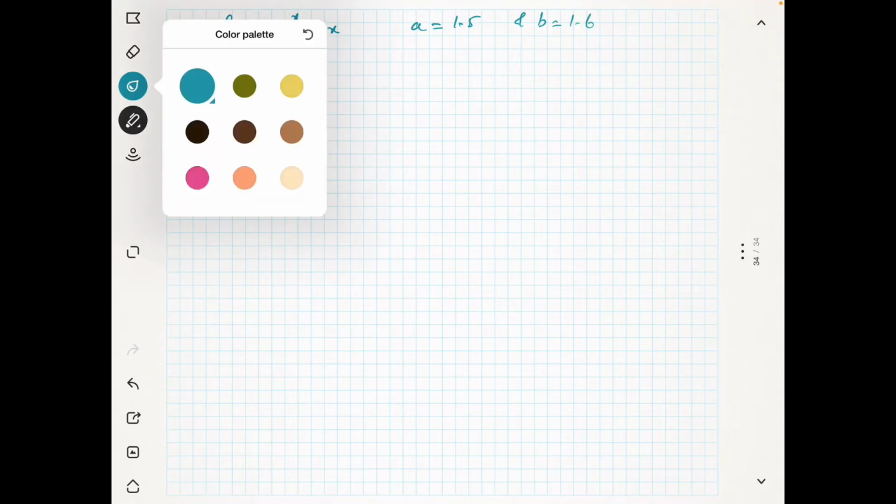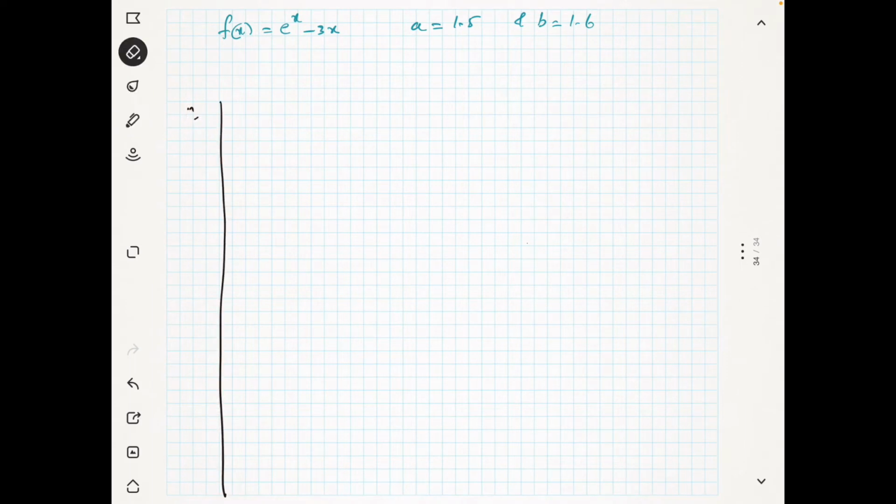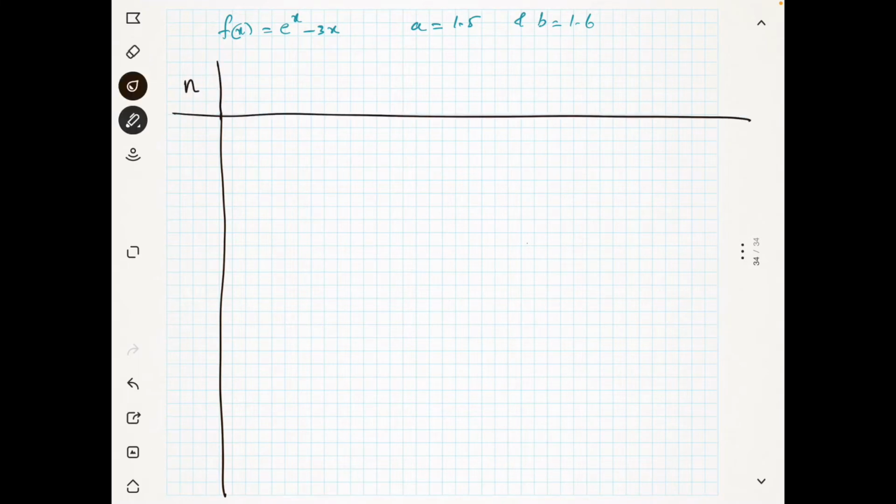Now we will proceed with the same table, the iteration index. Okay, iteration index. I will start from here because if we need more space then it will be a problem.